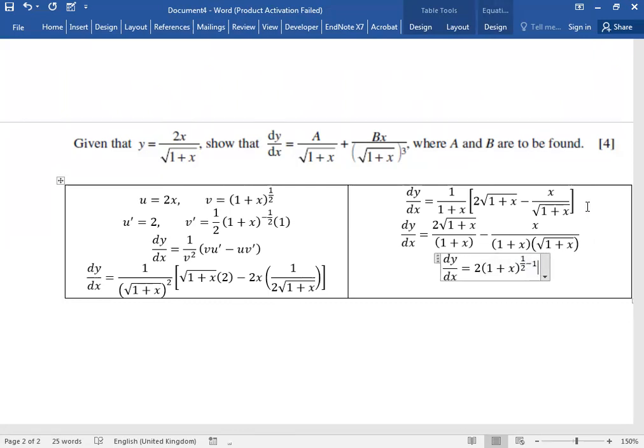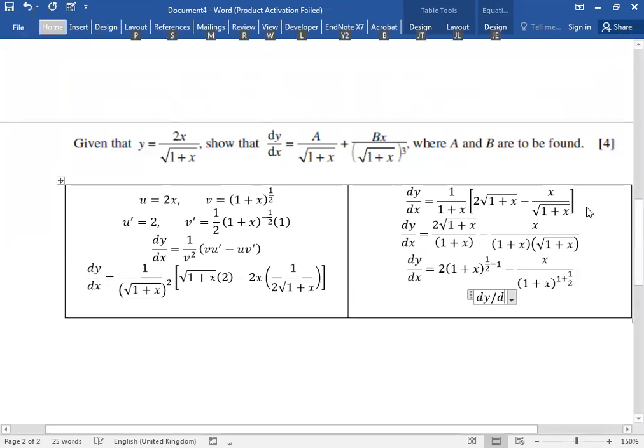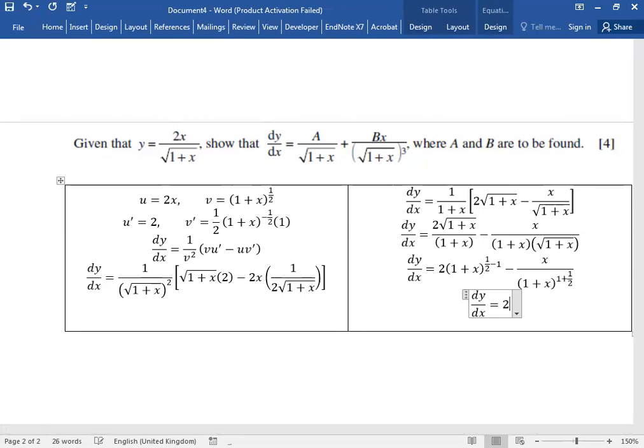Half minus 1. X upon 1 plus x has a power half plus 1. Or I'll write it as 1 plus half in order to avoid confusion. So dy by dx is 2 into (1 plus x) to the power negative half minus x upon (1 plus x) to the power 3 upon 2.